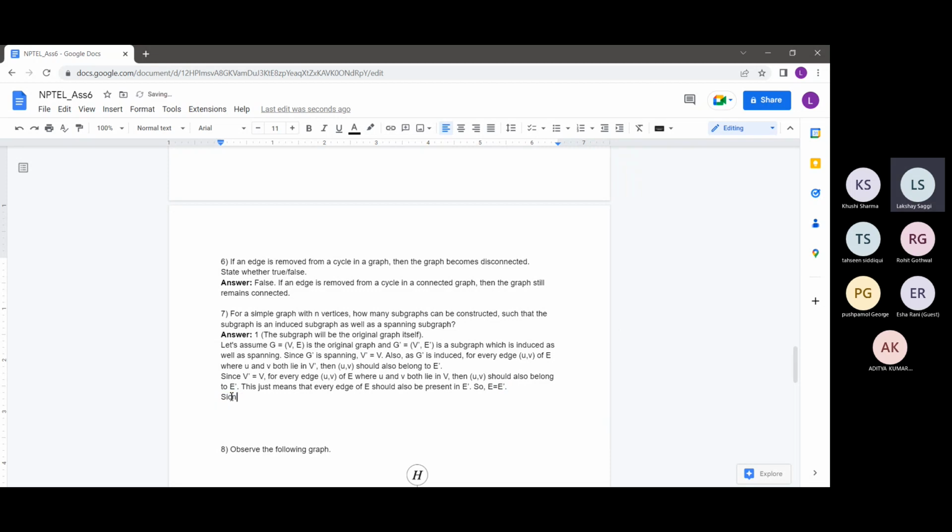So since V prime equals V and E prime equals E, G prime equals G. So G prime can only be equal to the original graph G itself, since the vertex set and edge set are both now equal to each other.